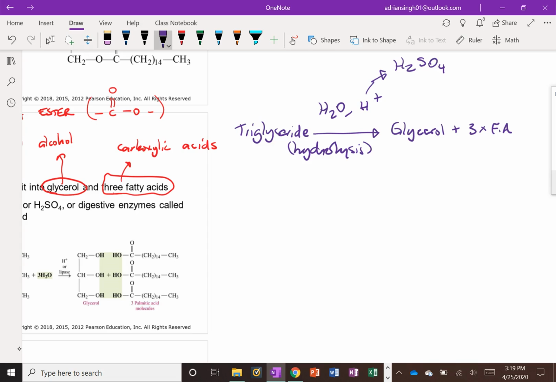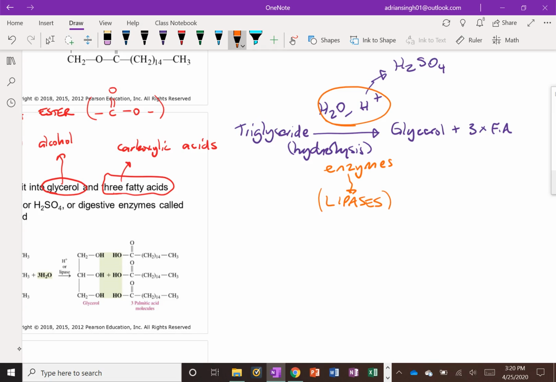And you wouldn't want to ingest that because that would be counterproductive to keeping you alive. But what your body does is it has some molecules that would do the same thing that your strong acid and water would do, and that would be an enzyme. And these enzymes that break down these lipids are called lipases.